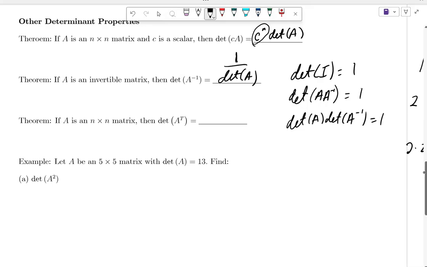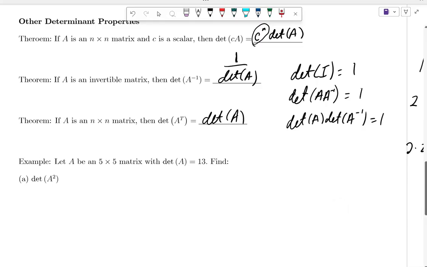So if you chose to expand along the row of A, you could have expanded along the column of A transpose and get the same answer, right? So when you transpose a matrix, it's not going to change the determinant at all. Does that make sense?